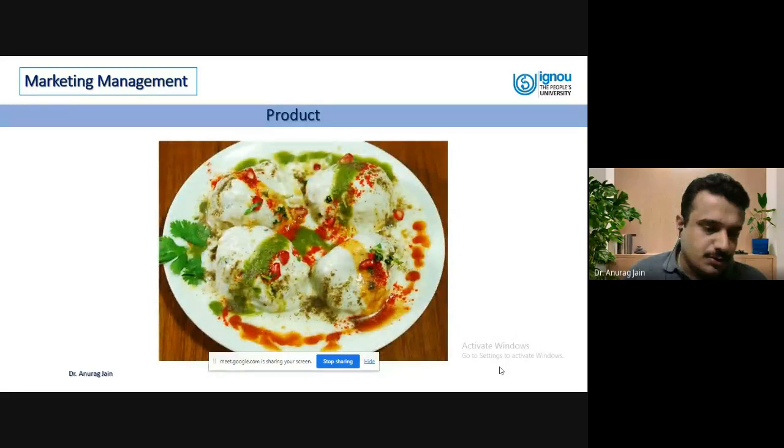Similar is the case with dahi bhalla or this food item which is in front of you. You can eat it at any of the shops, whichever nearby shop is convenient to you, and nobody actually talks about this dahi bhalla or dahi bada in terms of brand. Nobody says it should be from McD, it should be from Hindustan Unilever, right?